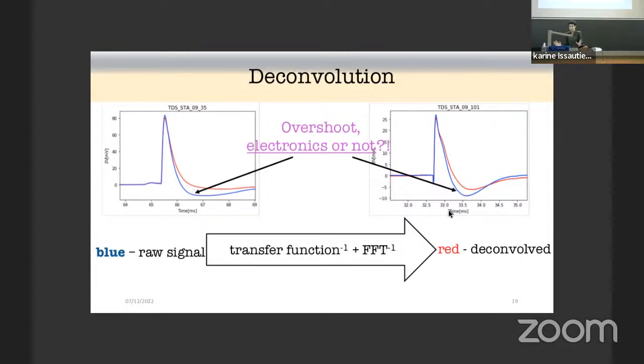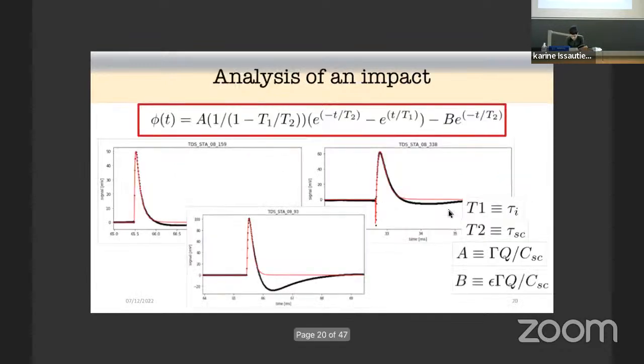But for now, with this deconvolving, we prepared our data for the further work. And what is it? We actually wanted to fit our model to the real data. We use this function, and here you can see those 4 free parameters that I mentioned before. Let's start with this A. It's actually the total charge, so it's from here to here. And the B should be just this part here.